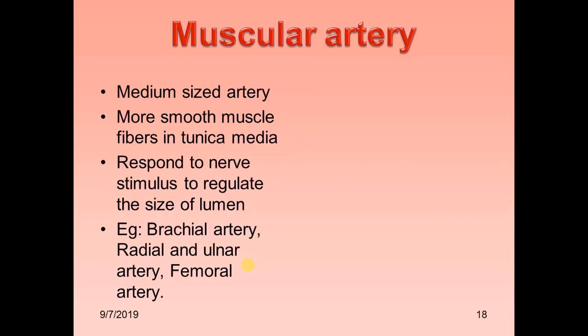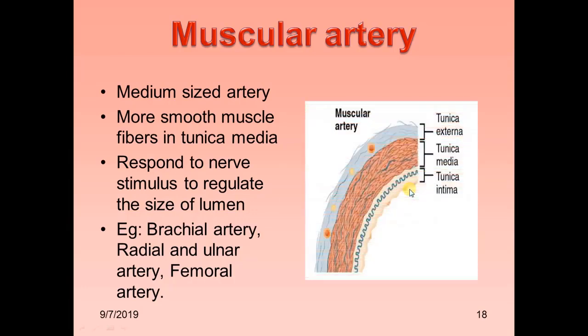The next type is the muscular arteries, which are also called the medium sized arteries. From large artery we go to medium sized artery, because here the tunica media consists of a large amount of smooth muscle but fewer elastic fibers. These respond to the nerve stimulus, so they might alter the size of the lumen, they might decrease or increase the size of the lumen.